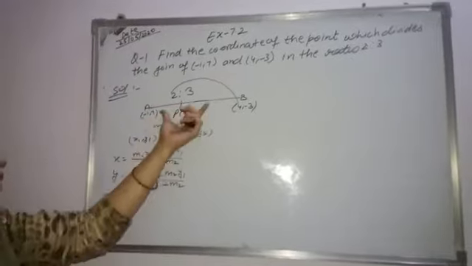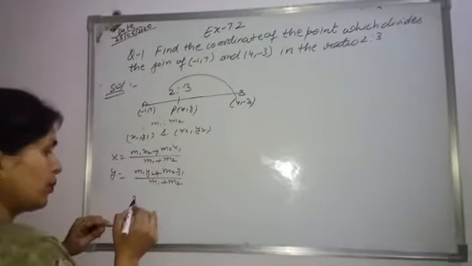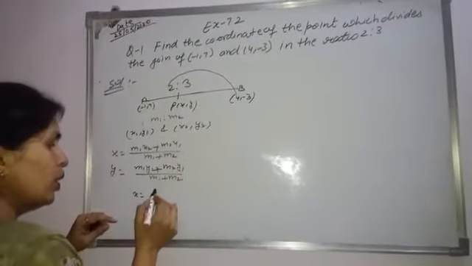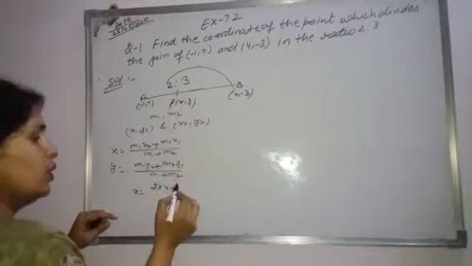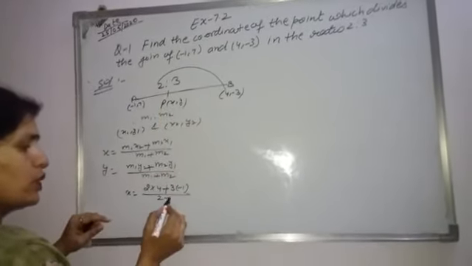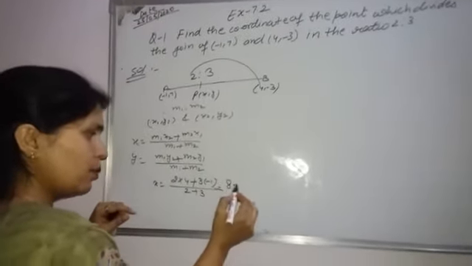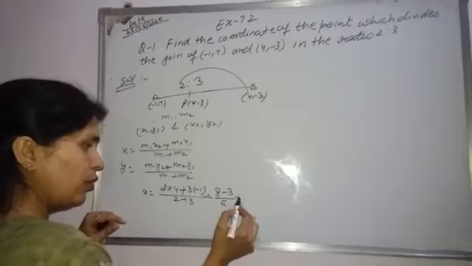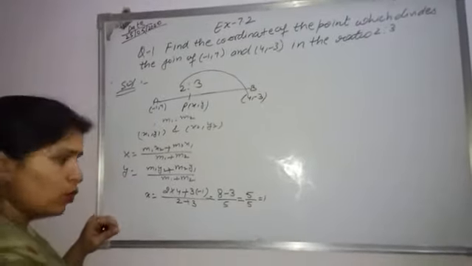When we compare with the standard values, we obtain x equal to 2 into 4 plus 3 into minus 1, divided by the sum of the ratios 2 plus 3. Now 2 into 4 is 8, minus 3, divided by 5. 8 minus 3 is 5, divided by 5, and the value is equal to 1.